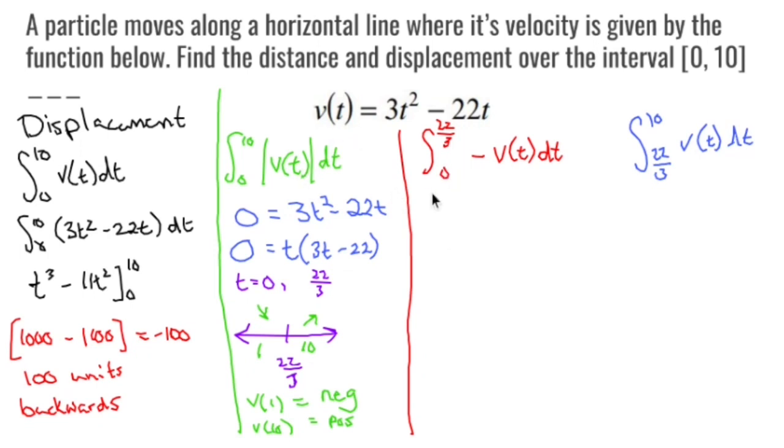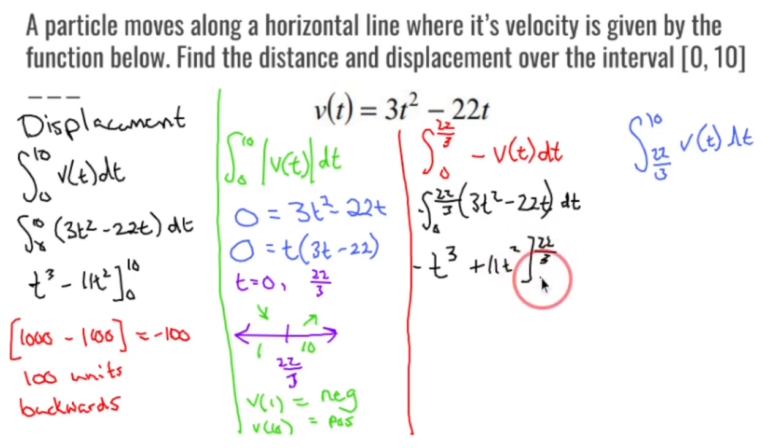I'm going to have the integral between 0 and 22 over 3. Let's throw the negative out here. Of v(t), which is 3t squared minus 22t, dt. I already know what's going to happen. I'm going to end up with negative t cubed plus 11t squared between 22 over 3 and 0.